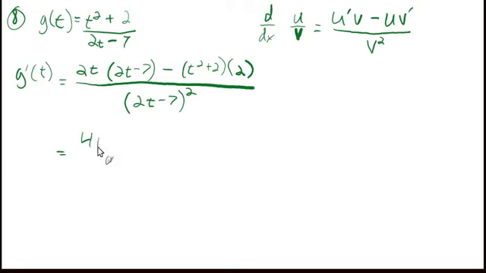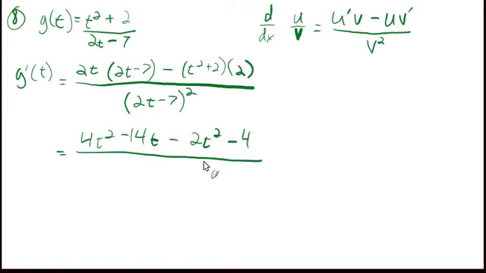Clean it up a little bit. 4t squared minus 14t minus 2t squared minus 4 all over... Let's leave it like this, just in case something might cancel out later. That's what we hope could happen.